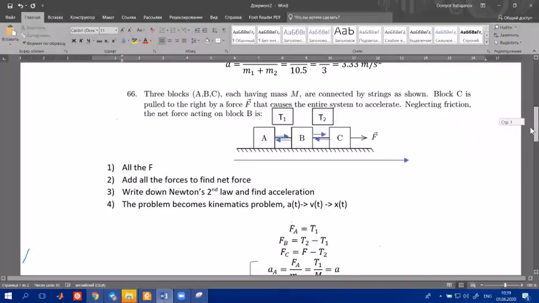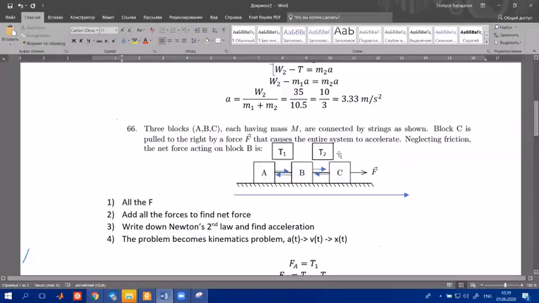So the quickest way is to think that this system is one whole system. So it doesn't consist of 3 parts A, B, C, but you think that this system consists of combined masses, with total mass 3m, and these internal forces T1 and T2 are internal forces.